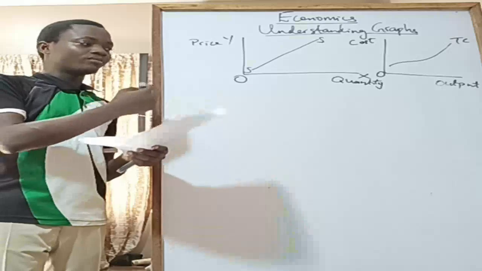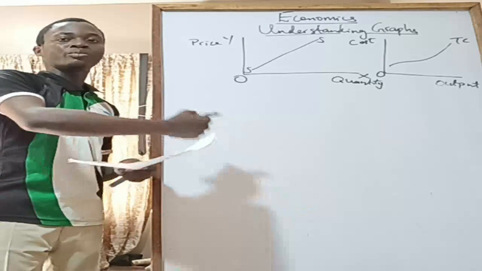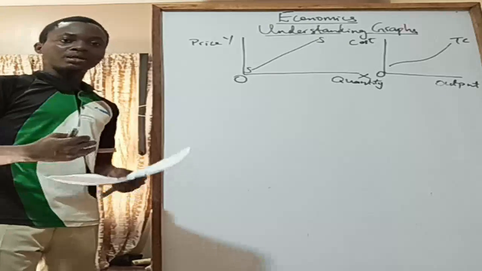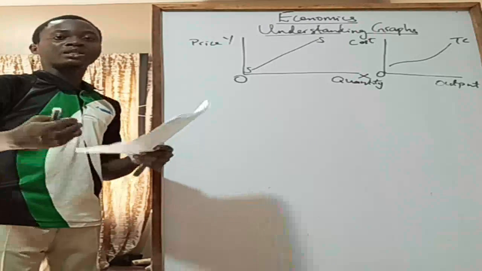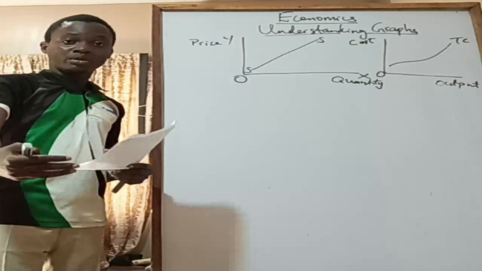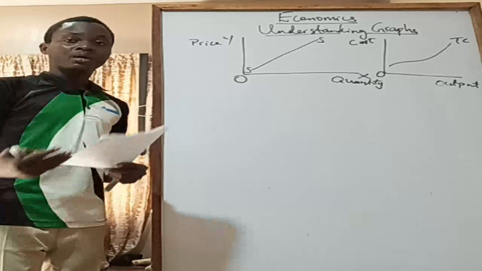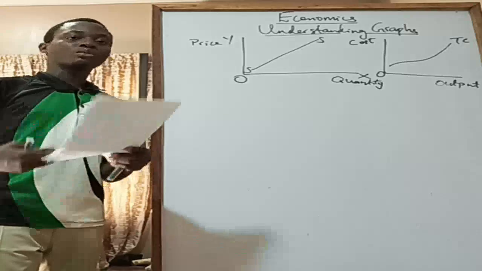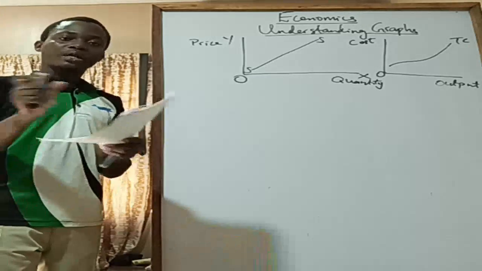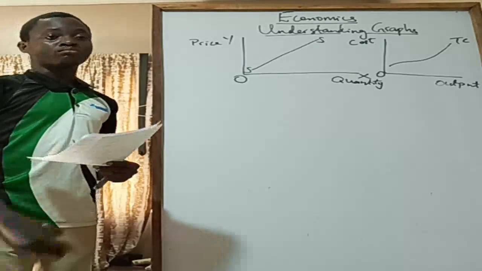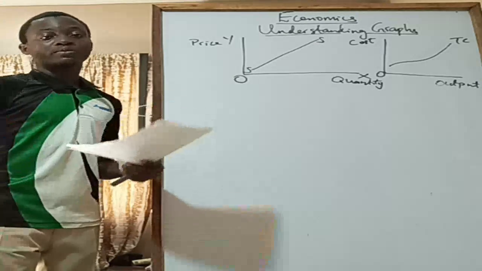But since you've identified a variable as price, price may now begin to be different numbers. When price is 2 naira, price is assuming a number that is two. When price is 5 naira, price is assuming a number that is five. When price is 200 naira, price is assuming a number that is 200. So price there is the variable which can take on different quantities or different numbers.